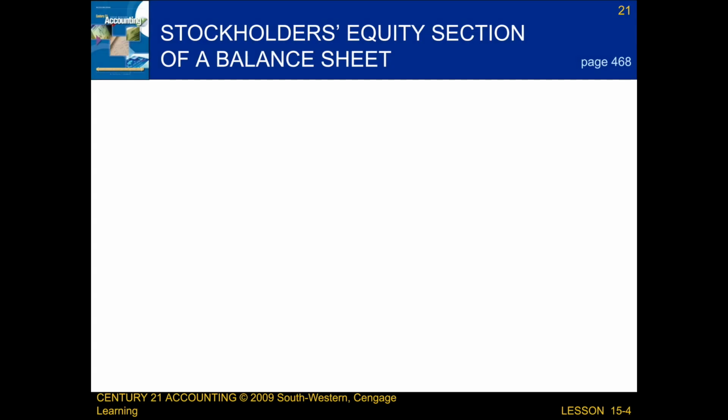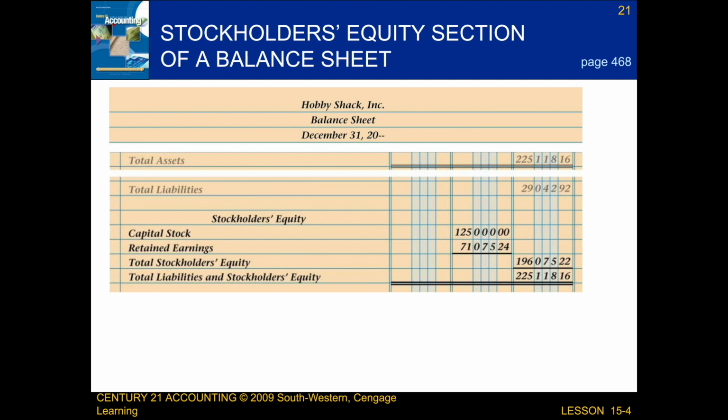Okay, next we're going to be talking about preparing the stockholders' equity section of a balance sheet. So when we prepare the stockholders' equity section of a balance sheet, there are multiple steps that we have to follow in order to complete this process. First, we write the heading, which is stockholders' equity. Next, we write the capital stock amount.